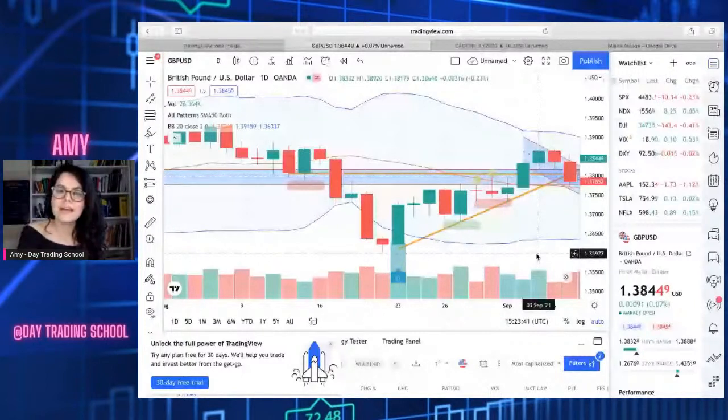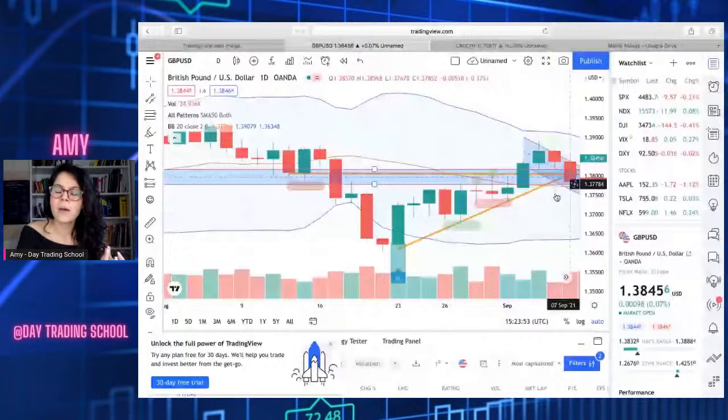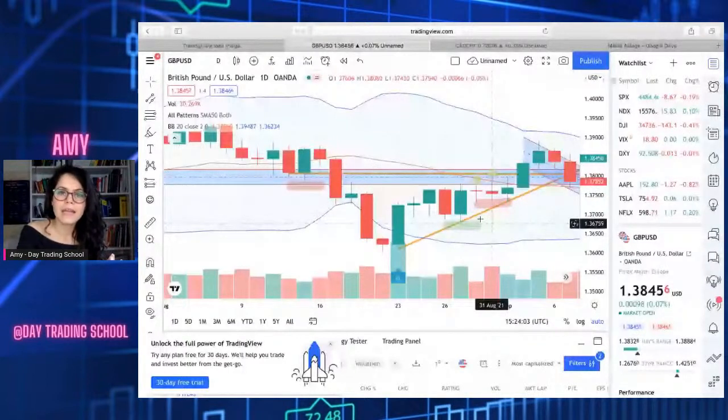So in this case, as I said, we had a breakout of this ascending triangle. A bullish flag was forming, right? Plus, this was an important resistance zone. And later down here, we have an important support zone. So imagine a scenario. What can happen?